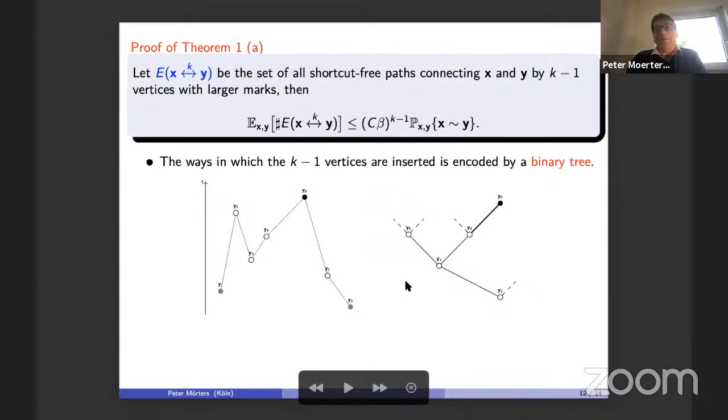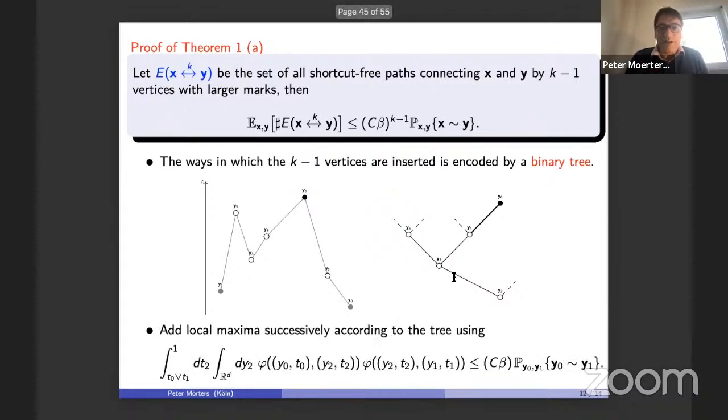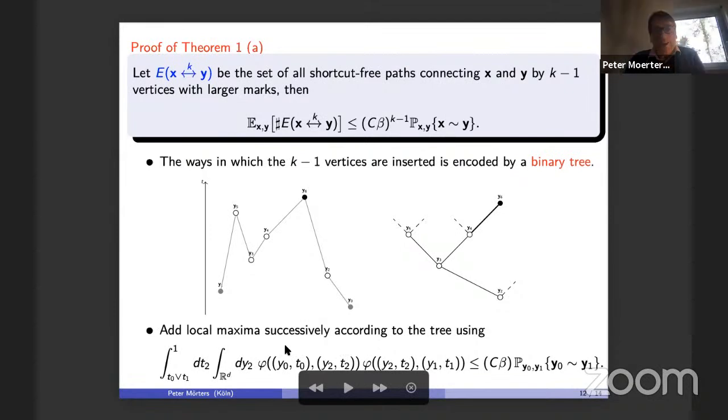Okay, and when we have this way to insert the local maxima, the key calculation is, and again I have my own picture in front of me, when you insert one local maximum between two points y0 t0 and y1 t1, you look at the expected number of possibilities for how you can insert one local maximum.